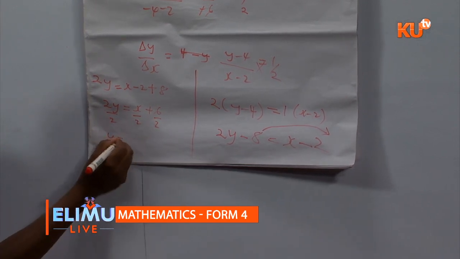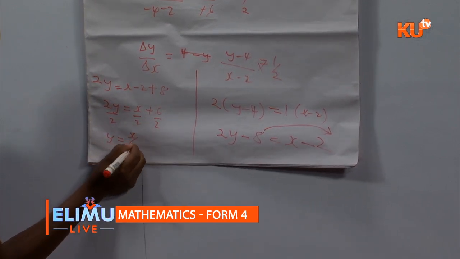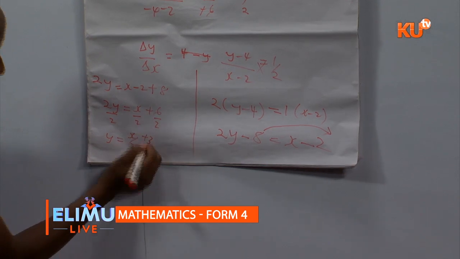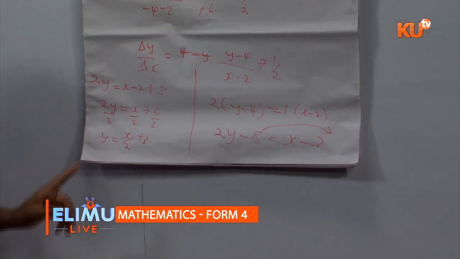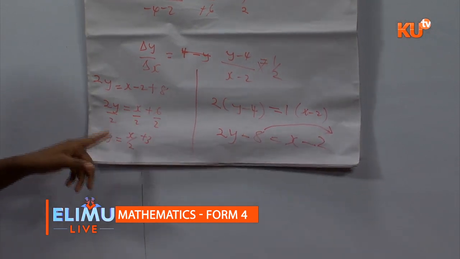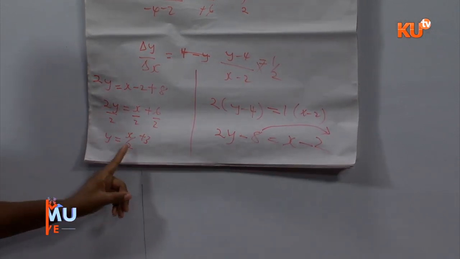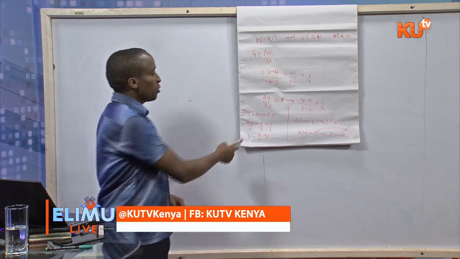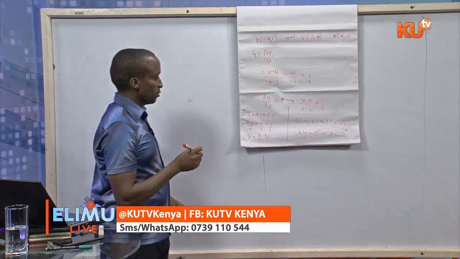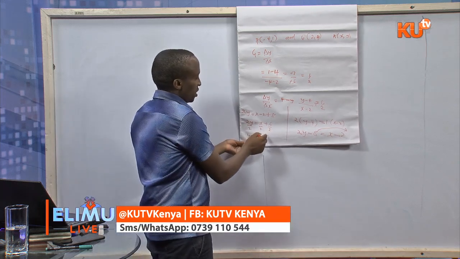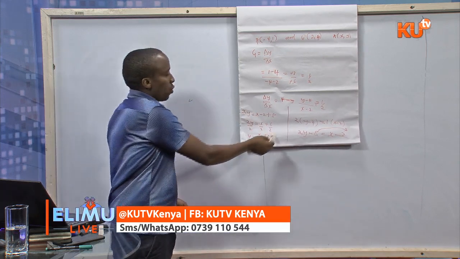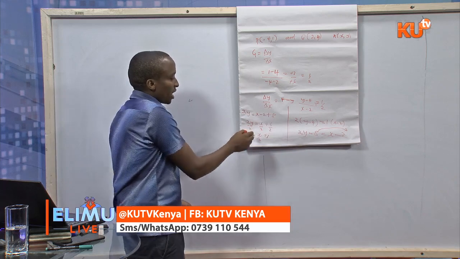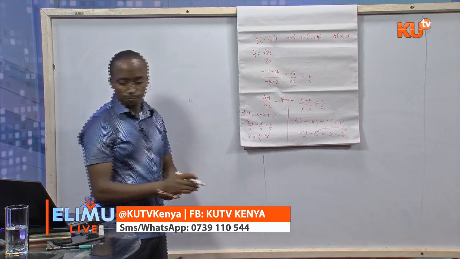So the equation for that line, line PQ, is y equals a half x plus 3. We can interpret this equation: 3 is where the line cuts the y intercept and our gradient is a half.